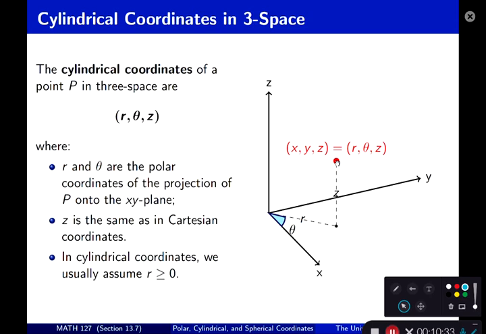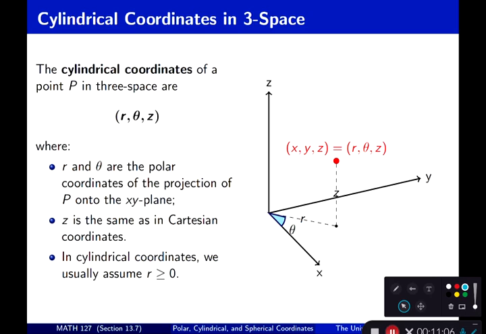Then you basically drop a perpendicular from the point P onto the xy plane, and find the polar coordinates for that point on the xy plane. That would make r and theta. So r and theta are the polar coordinates of the projection of P onto the xy plane. Z is the same as in Cartesian coordinates.